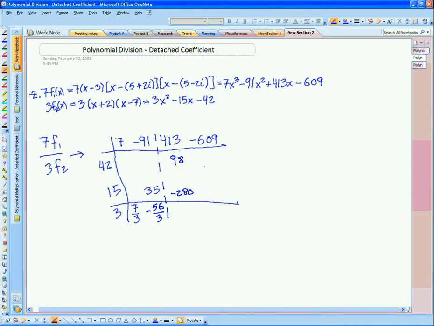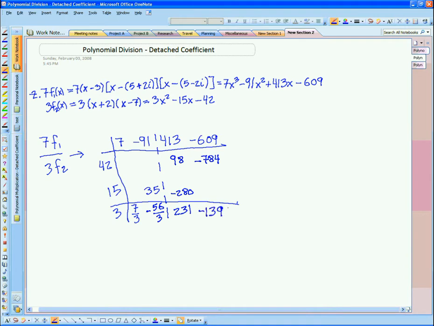And then negative 56/3 times 42 is negative 784. And since we're up in the right hand corner of our table, we know we're done making our partial products. All we have to do is sum up 413 plus 98 minus 280, which equals 231. And then we need to sum up negative 609 plus negative 784, which is negative 1393.